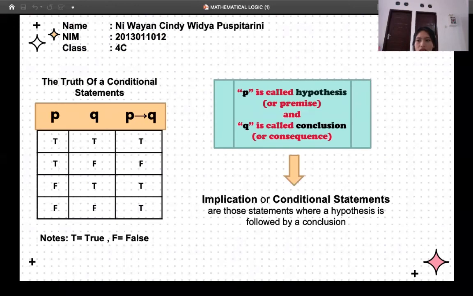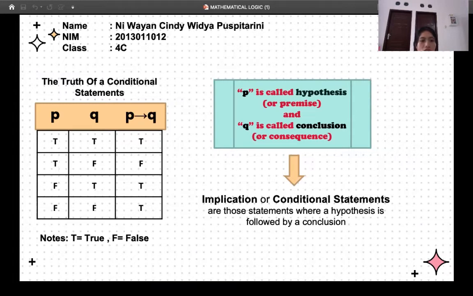Next, we will go to the truth value of conditional statement. You can read that table on the slide. When P is true, Q is true, then P implies Q will be true.